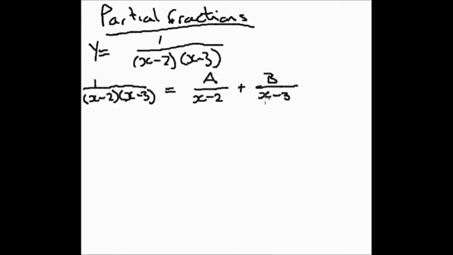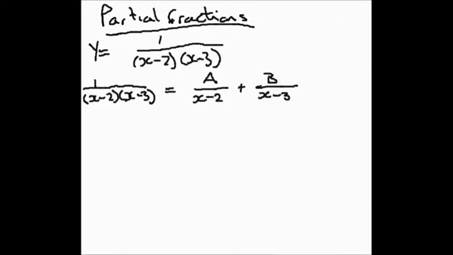So A and B here are our unknowns. There's A, there's B, and what we need to do now is solve for what our unknowns are, which need to be determined. There are a couple of methods we're going to use to do that: a longhand method, and a shorthand method.